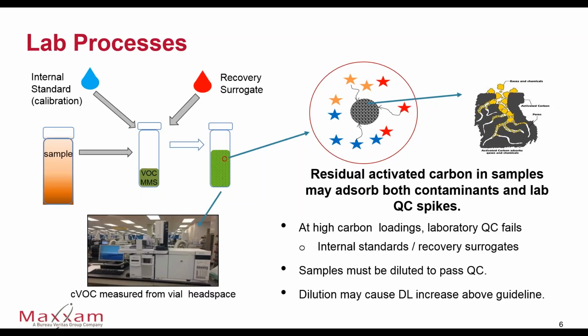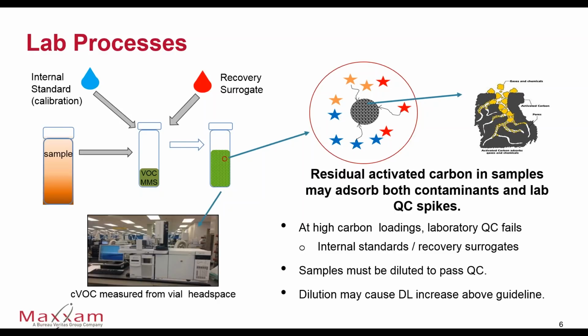So once this sample is all mixed together, then you can see on the right, there's some things that go on in this sample, particularly if there's a significant amount of carbon in it. So just like the chlorinated solvents stick to the carbon very well in the subsurface, they will also stick to the carbon in the sample vial.